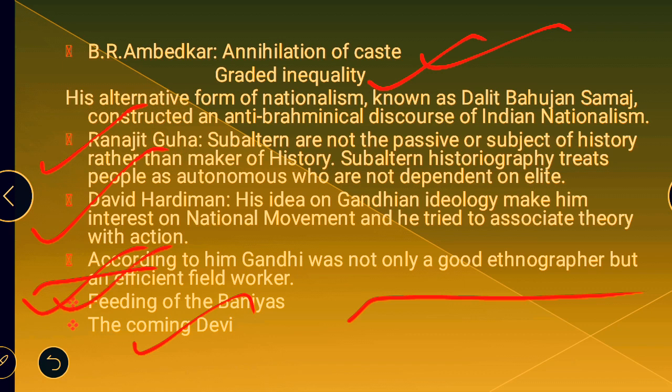So basically here Hardiman reflects the integration of a small scale agrarian society with a larger capitalist economy. He investigated the deeper meaning involved in the relationship between villager and a moneylender.